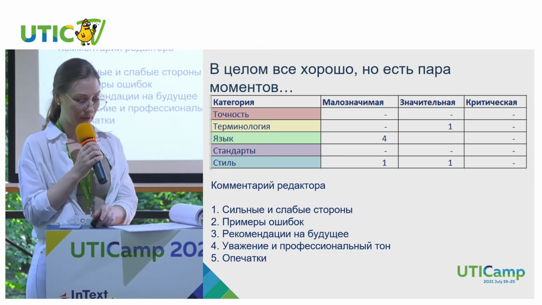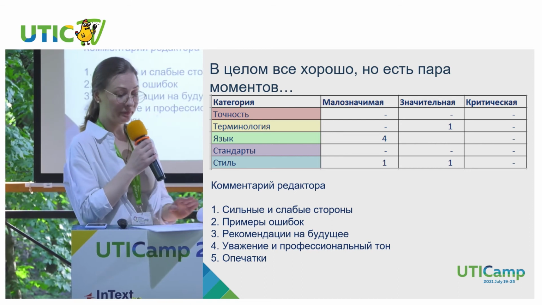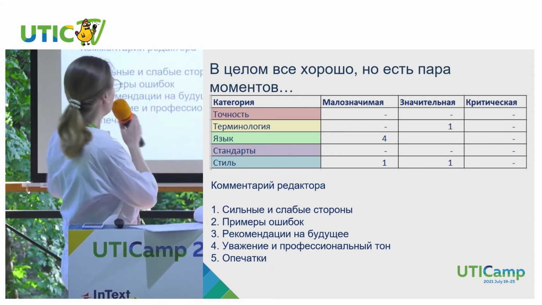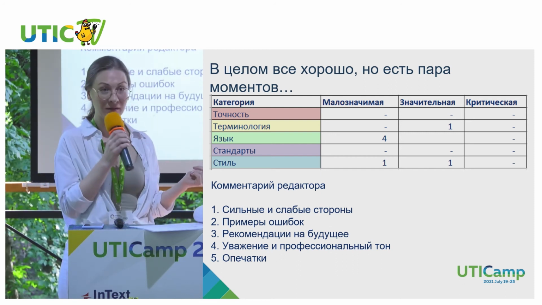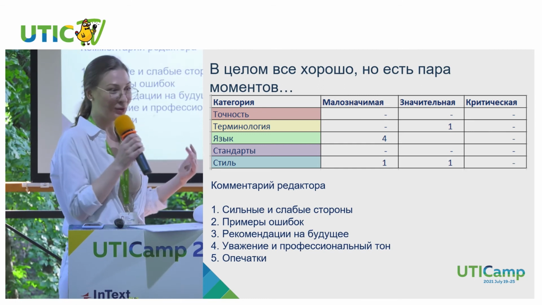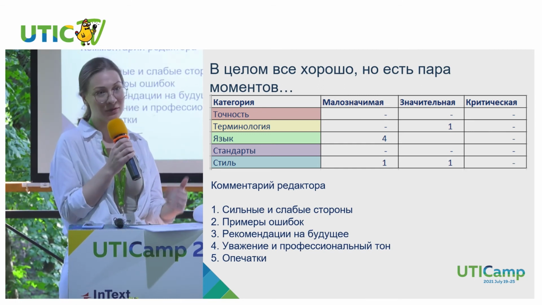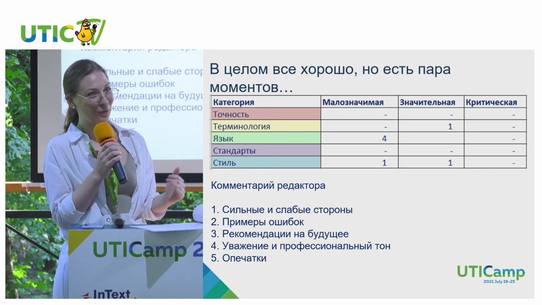Let's imagine that we need to write a comment about the work of a translator. Just let me take a step back. Why is this section called "Overall everything is good, but there are a few things"? I have a former colleague, a wonderful editor, but he doesn't like written comments.